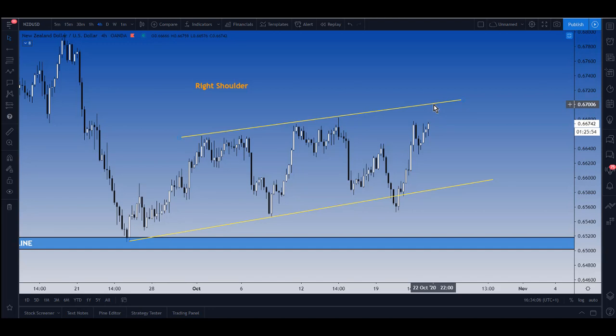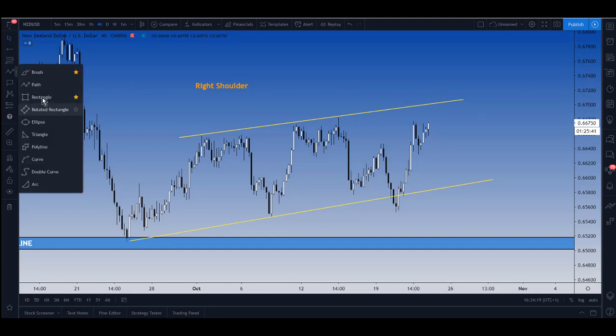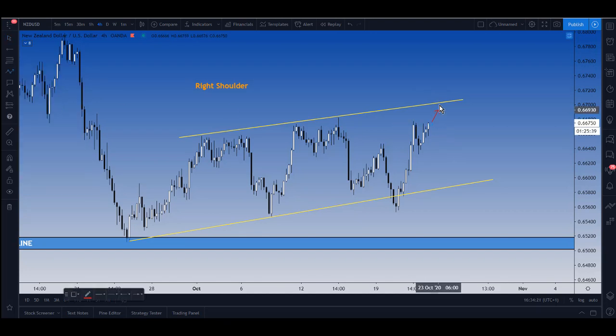If you look to the right there, we've got that 6700. That's called the big number or even handle. We could come and test that, maybe even have a little false break, something like this, and then looking for that rejection again, either back to the bottom of this channel or maybe even further down.